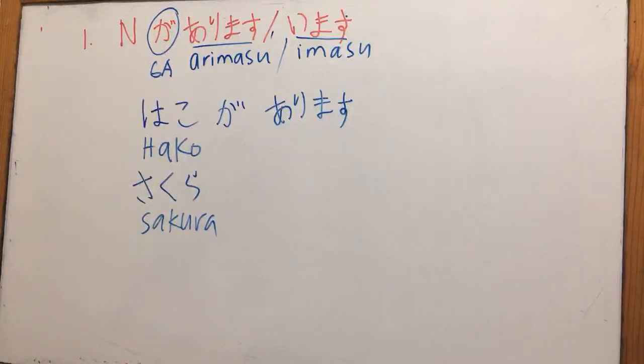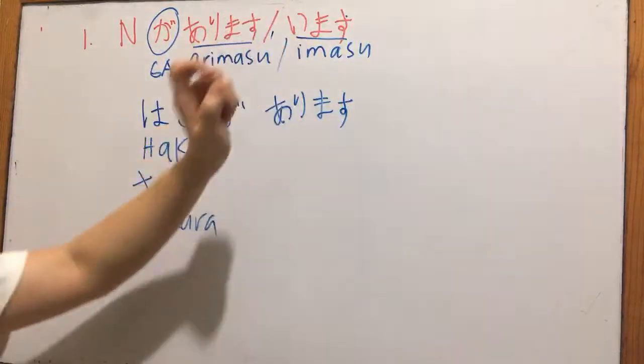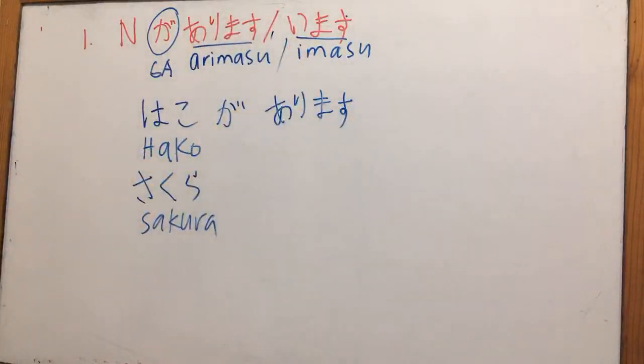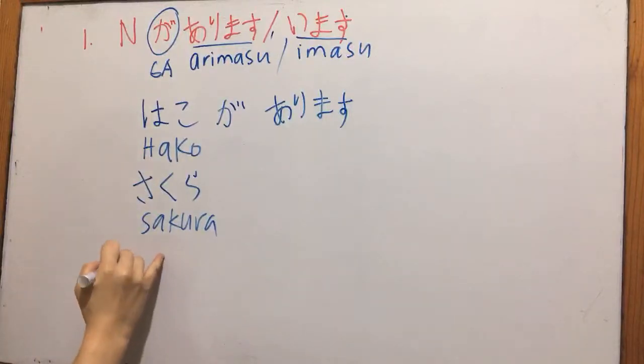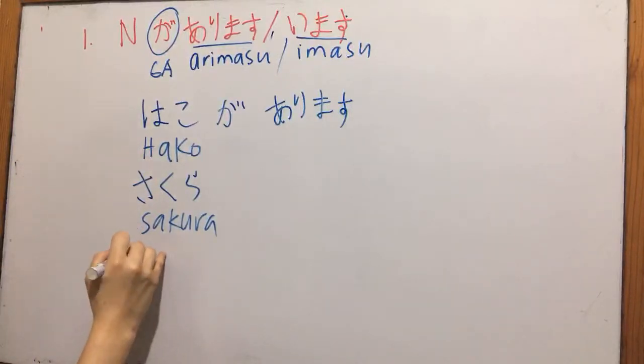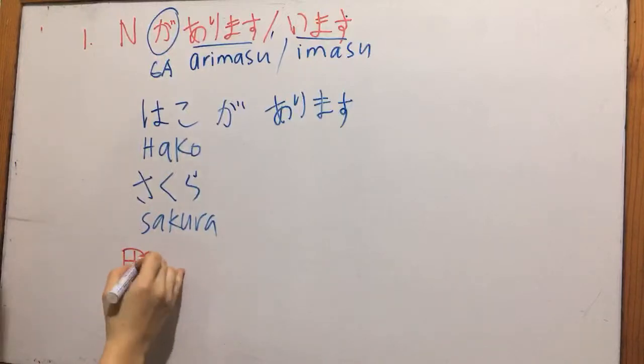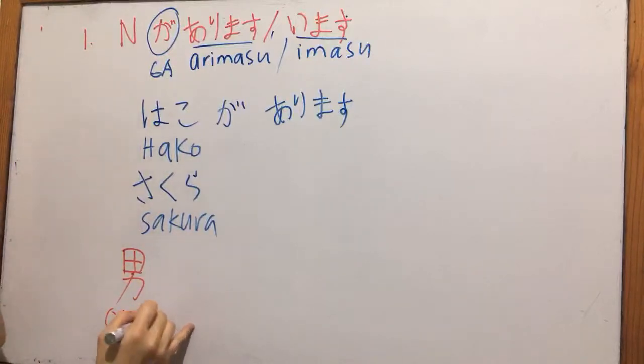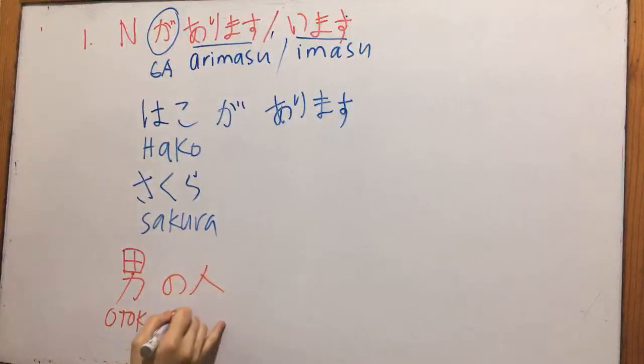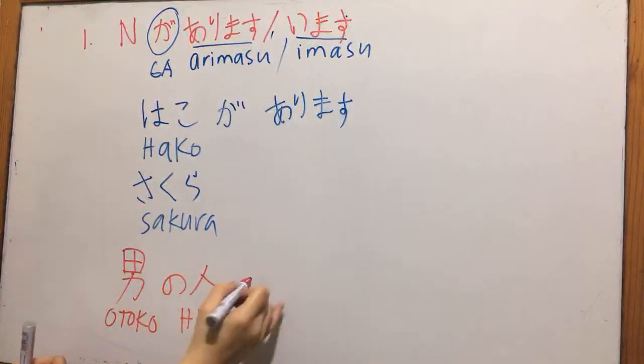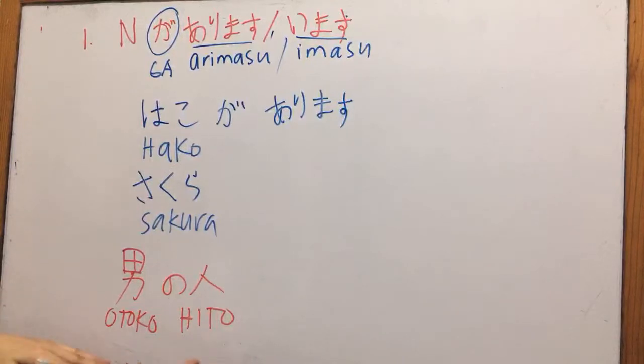Okay. So, next, we go to imasu. Imasu, of course, is for things that move by themselves. For example, a person. A while ago, we had the vocabulary otoko no hito, right? So, we use that. This is our noun, otoko no hito.